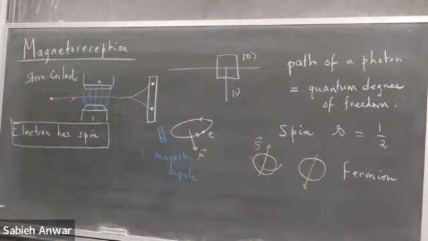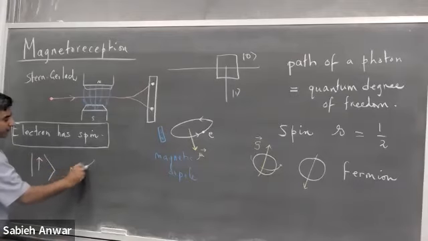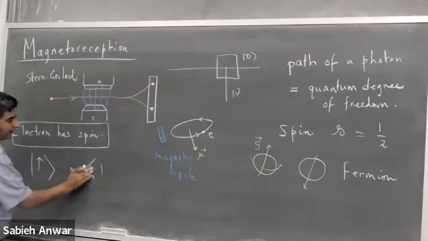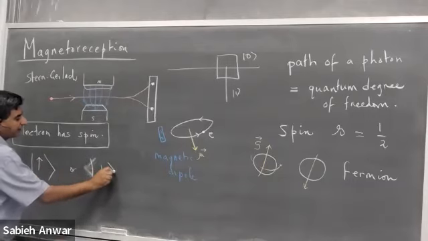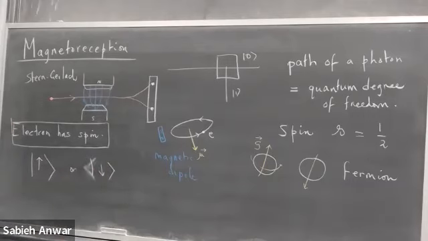So one kind of state could be the spin pointing up, and we could represent this by an upward pointing arrow inside the symbol ket. Or we could have ket spin pointing down. So these are two quantum states of an electron.